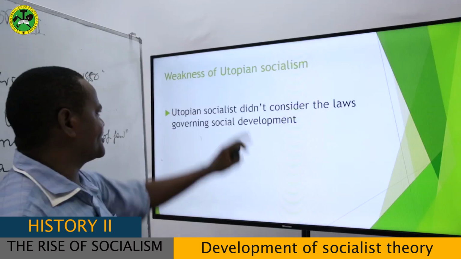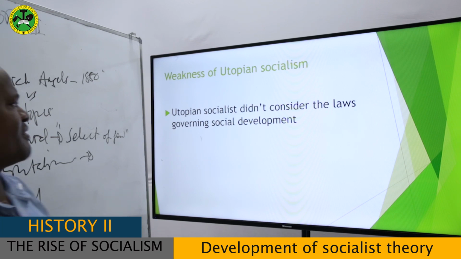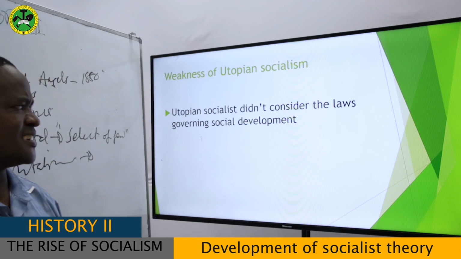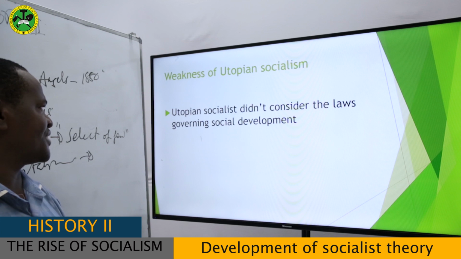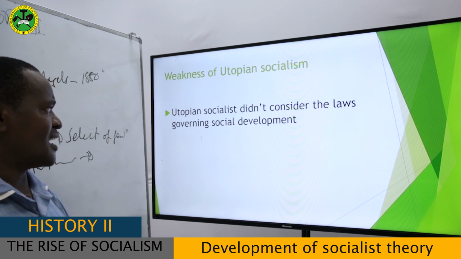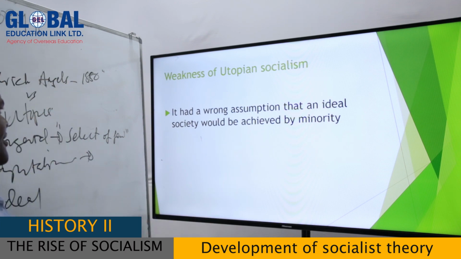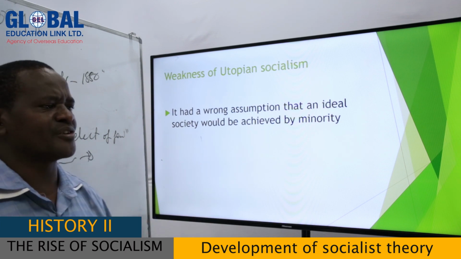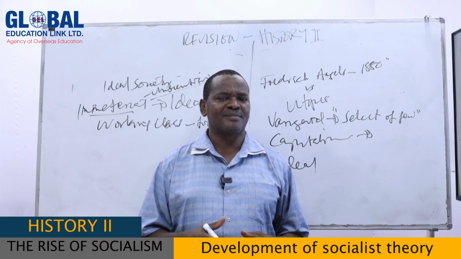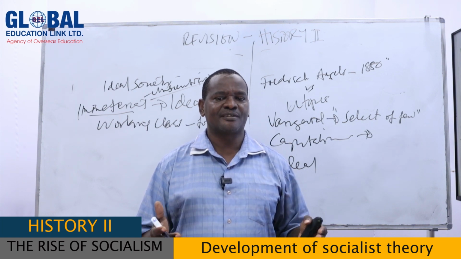Another weakness is that utopian socialists didn't consider the laws governing social development. Another, of course, is that they had a wrong assumption that an ideal society will be achieved by a minority. That is their misconception.